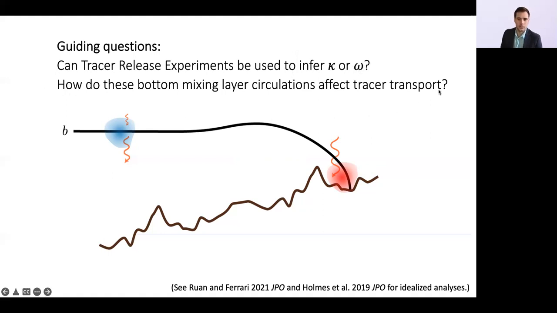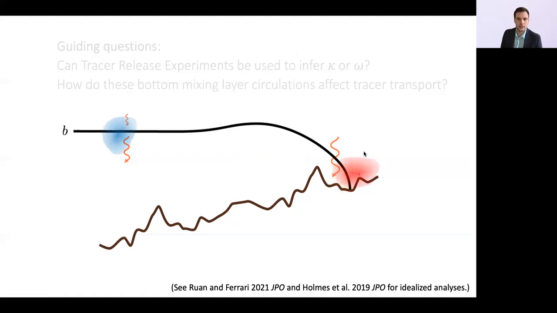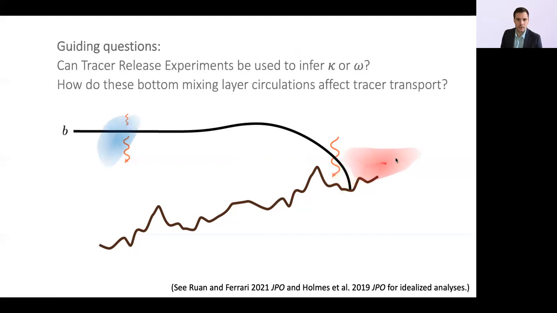And then also, think about how these bottom mixing layer circulations, this downwelling and upwelling dipole, how does that affect tracer transport more generally? And so we might expect that picture to look something like this, where you have sinking in the interior, but also some diffusion. And then at the bottom, you have this tracer rapidly upwelling.